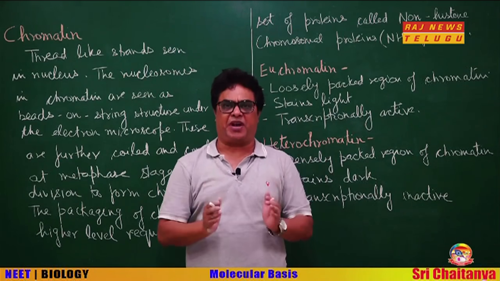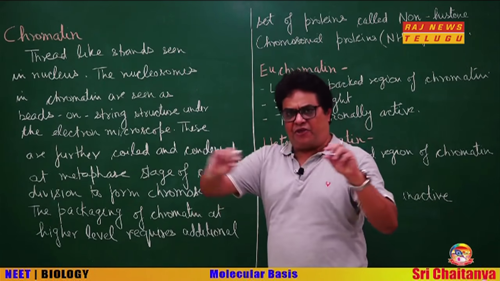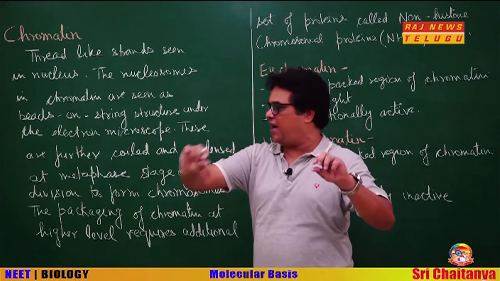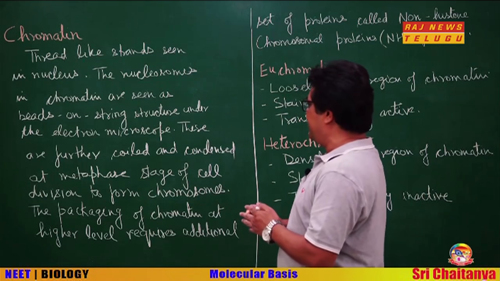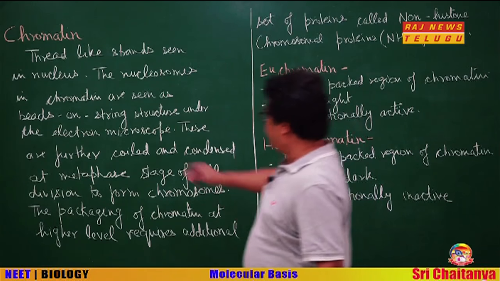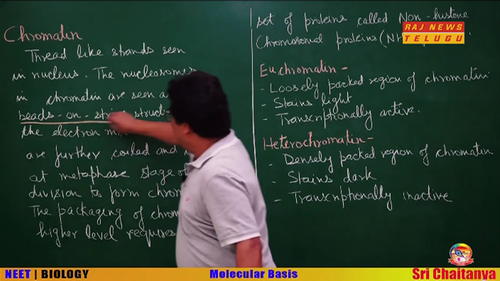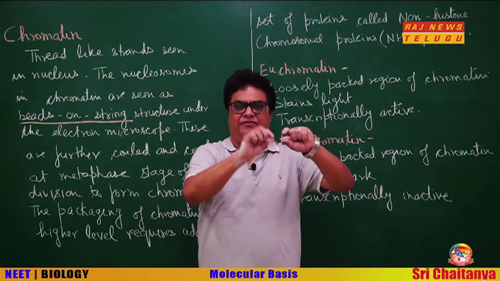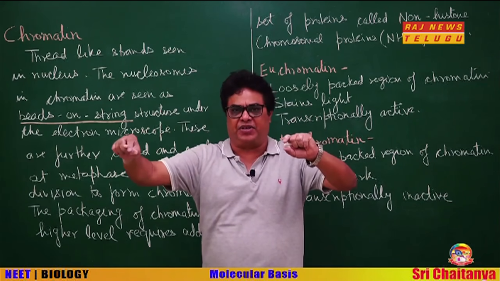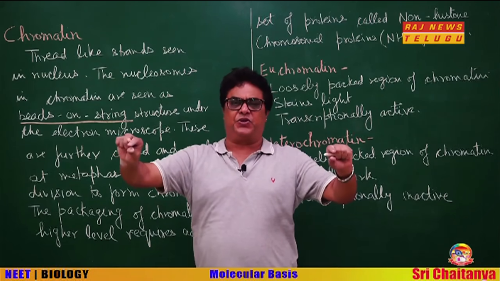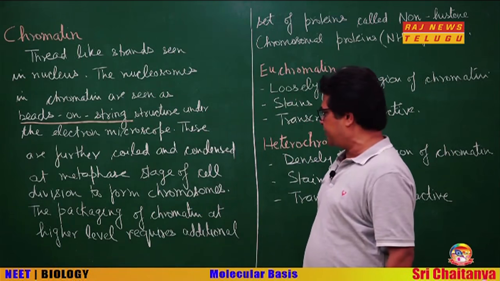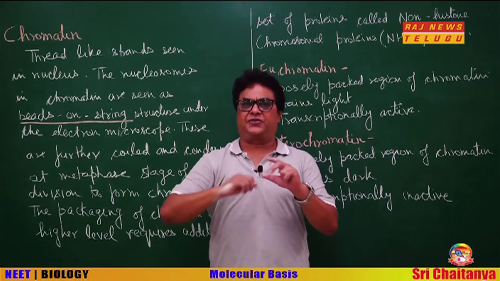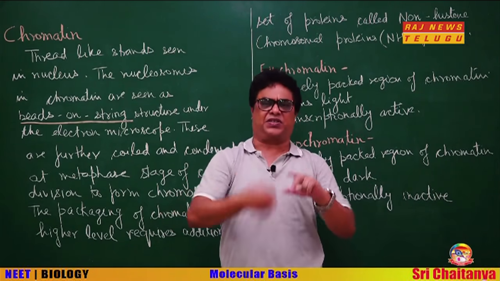Under the electron microscope, this array of nucleosomes appears as a beads on string structure, like a string with beads present at regular intervals. Now, this chromatin further undergoes condensation.